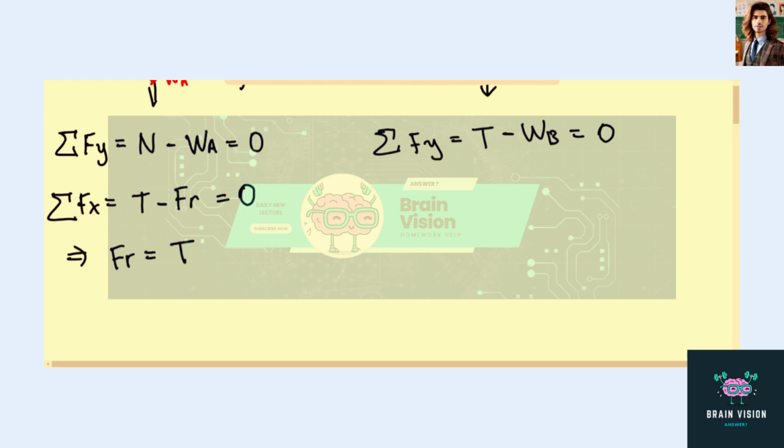We know the definition of the force of friction is the normal force times the coefficient of friction. This is equal to the tension.